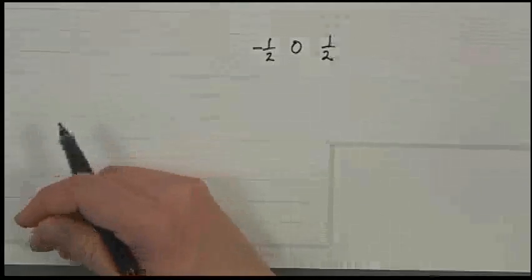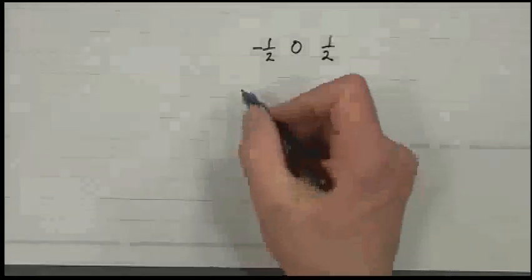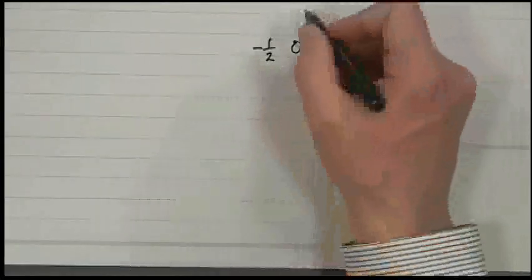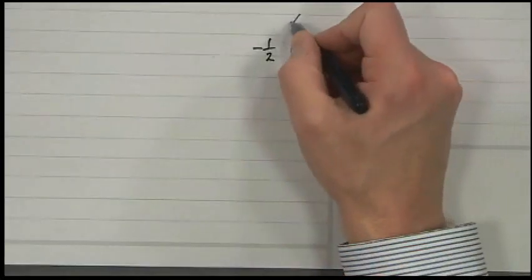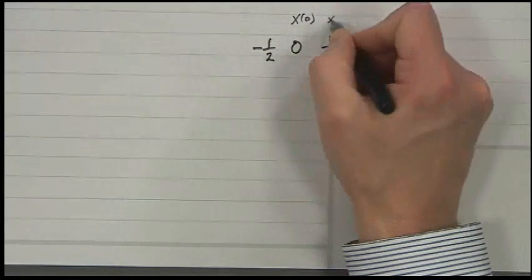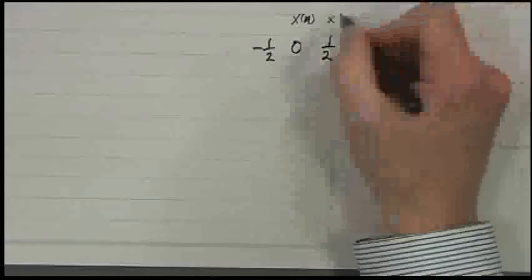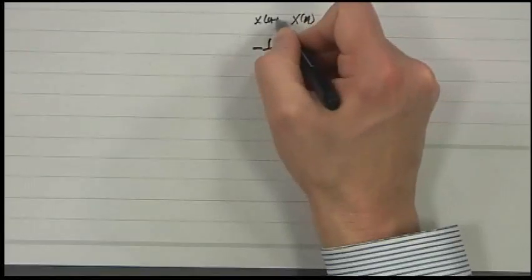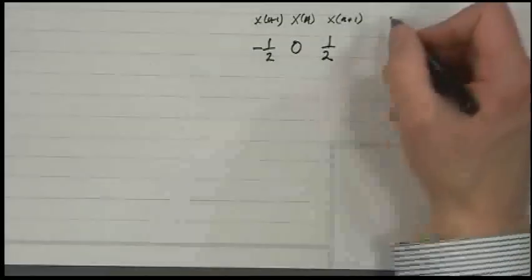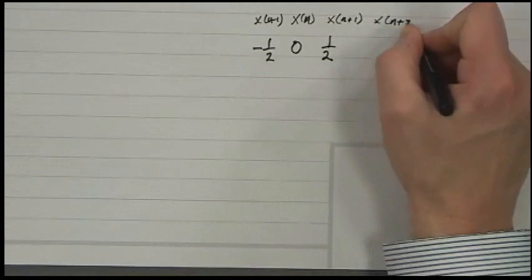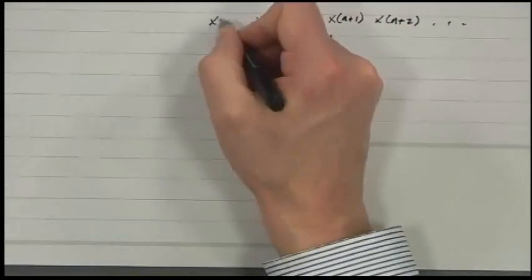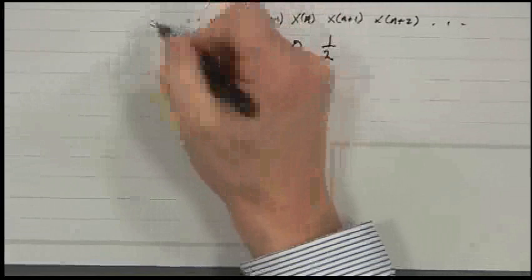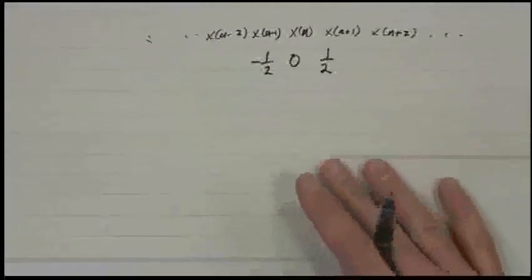So that's like, if this is a sequence in time, this would be x of n, this is x of n plus 1, this is x of n minus 1, right? Then this is x of n plus 2, dot, dot, dot. This is x of n minus 2, dot, dot, dot. So this is the sequence in time, okay?